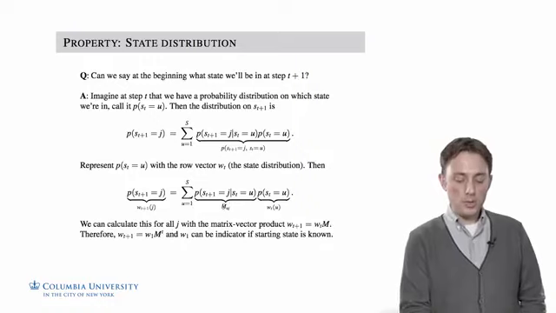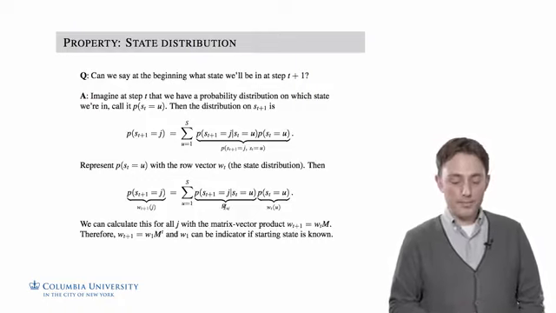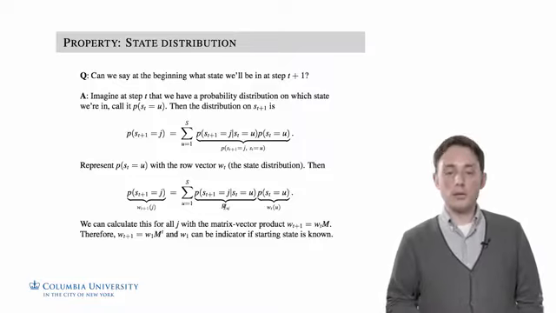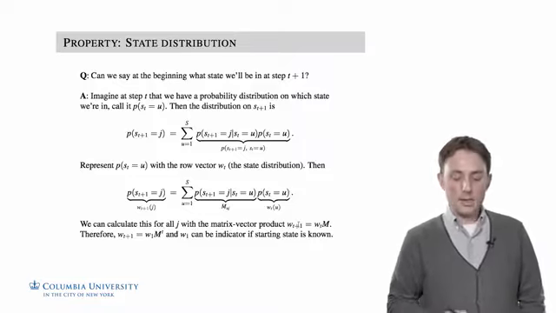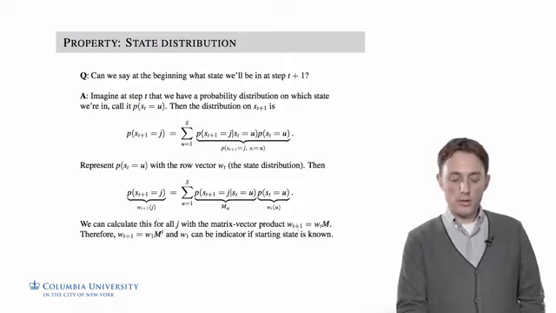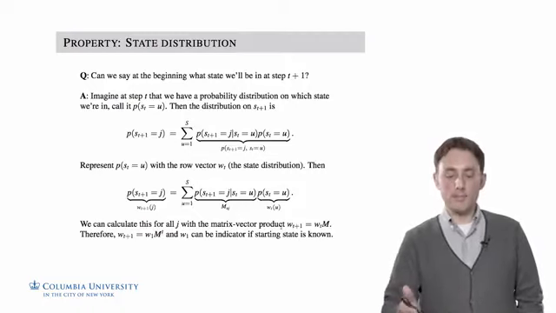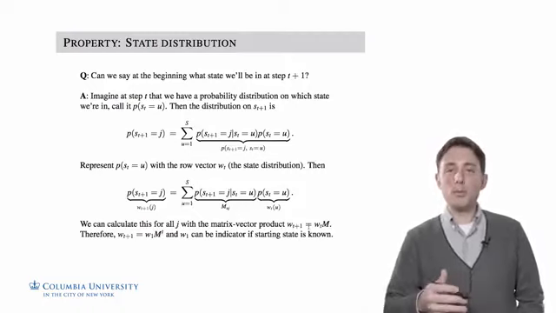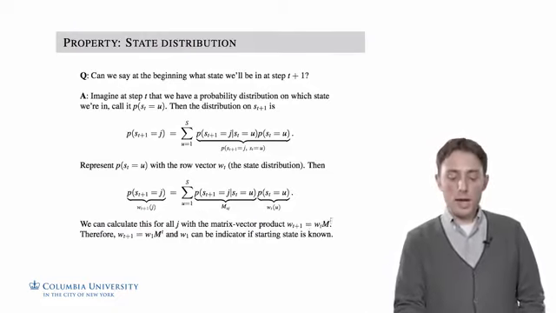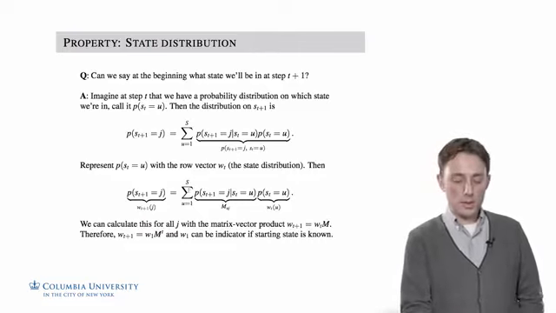So this probability we can read off by looking at the uth row and the jth column of the matrix M. And so now we have a vector-matrix way of writing this: at time t plus 1, my capital S-dimensional row vector of the probability of where I am is equal to the same probability of where I am at time t, times the matrix M. So that's what this sum is doing.